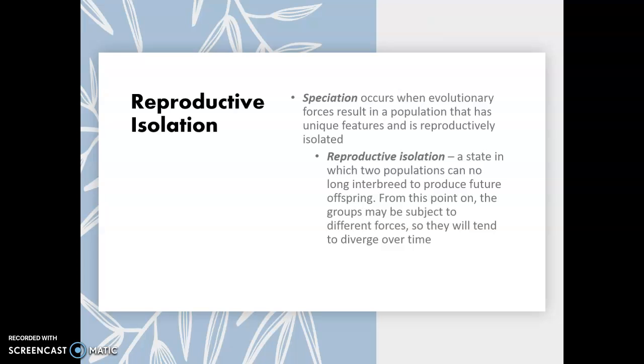Basically, these two groups that were combining to form offspring are now going to diverge, or go their own separate ways, and they may be subject to different forces, meaning that the factors that affect them are going to change, so they're going to diverge over time.